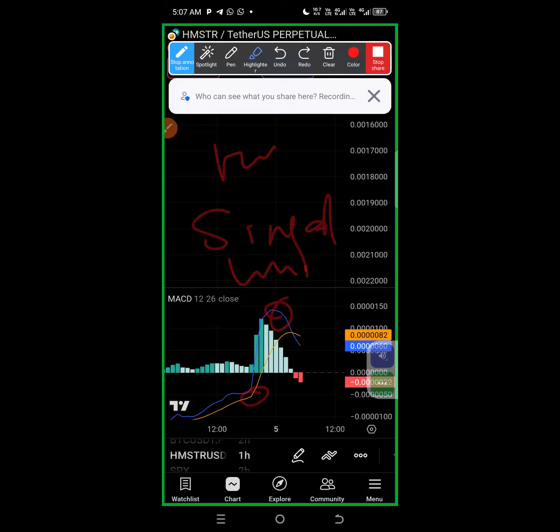Now the work of the signal line is to smoothen the MACD line for us to be able to identify a very good trend in the market. The main work of the signal line and the MACD line is very simple: it helps us get what you call the MACD crossovers.